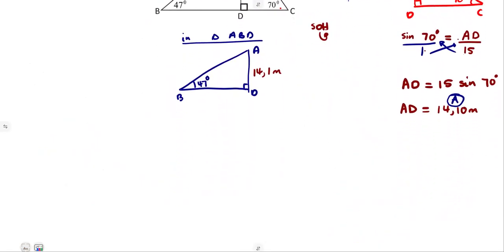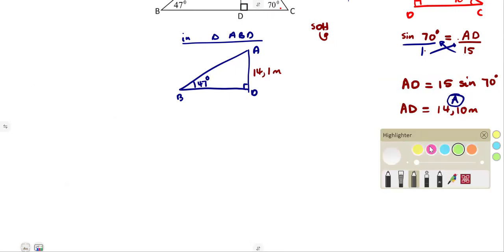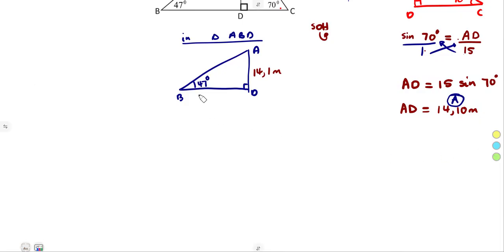So now with this one, we can calculate our AB according to the angle that we are given. Angle B there is 47. We want to calculate AB. AB is the hypotenuse, opposite to 90 degrees. So we are back to the use of the ratio of a sine, opposite over hypotenuse.